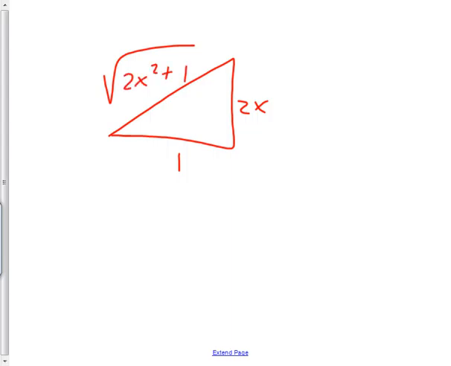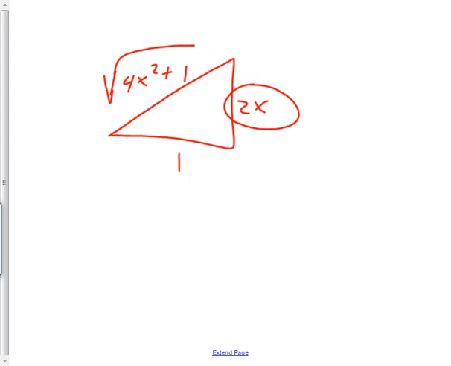Why is that wrong? It's really close. It's 4x squared. You have to square this, which means you square the 2 and you square the x. Did you know that about squaring? So it's 4x squared plus 1. Just be careful on that. You're going to have one of those. Okay?